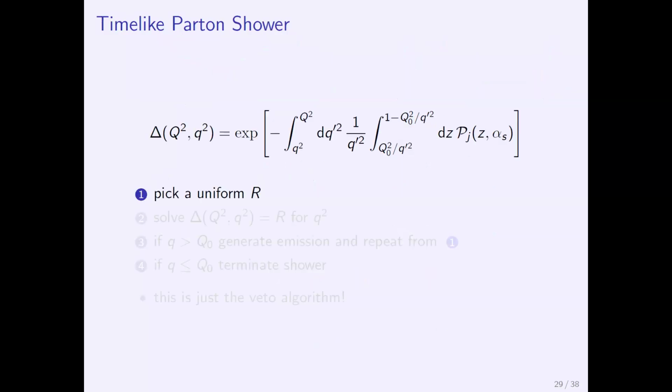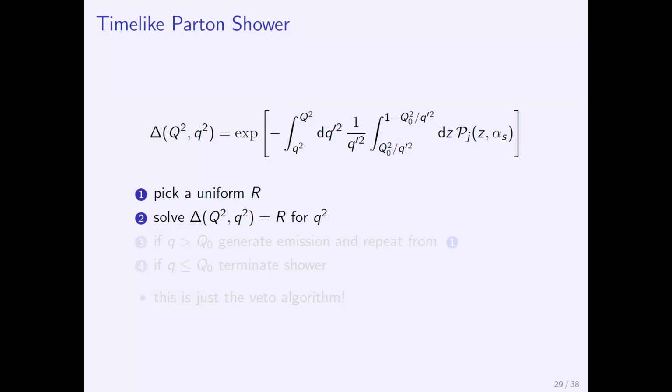Okay, so how do we go about doing this? We pick a uniform random number R. Then we solve for this right here, for whatever that R is, and specifically we solve it for this Q squared. In other words, this is telling us that we are going from this higher energy scale Q squared to this lower energy scale of small q squared.